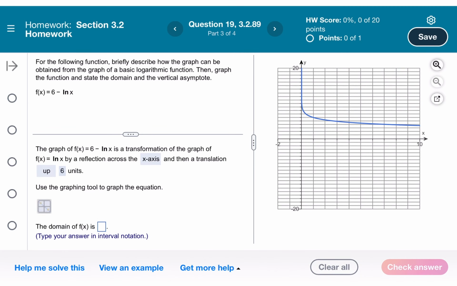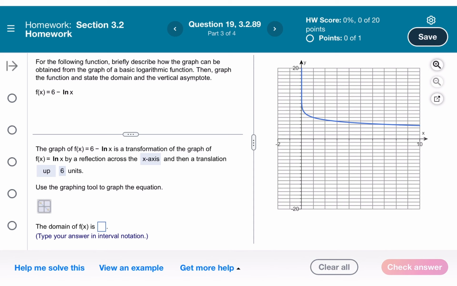And then in general, the domain of a log: the log function lies entirely on the right hand side of the y-axis, right?